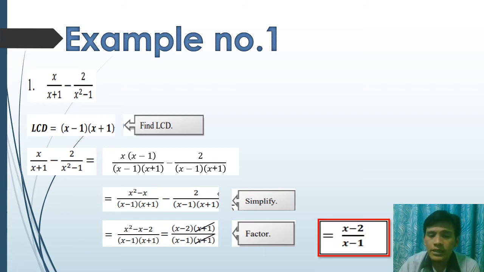The remaining is x minus 2 over x minus 1, and that will be our final answer.